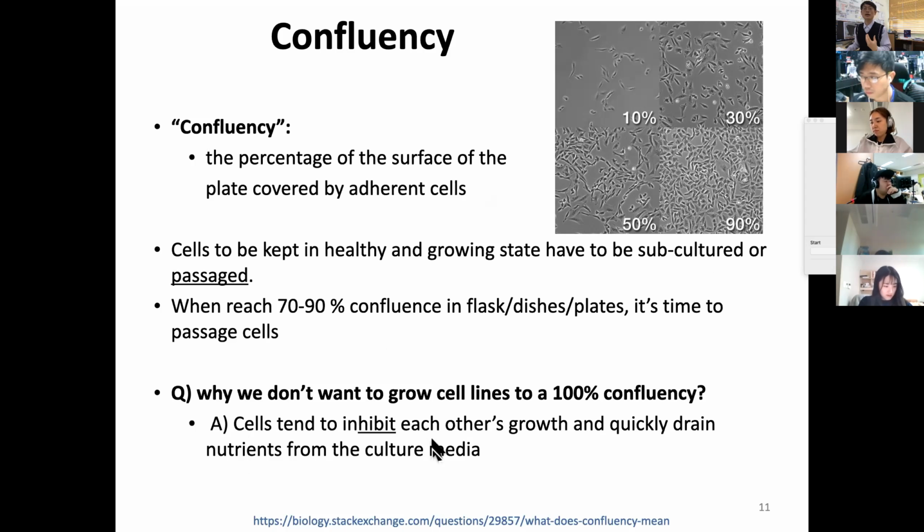Because of that, the pH of the media will change, and that turns the color of your media from pink to yellowish, because the cell culture media usually has a pH indicator, which shows you something's changing. So it's time to change your media.